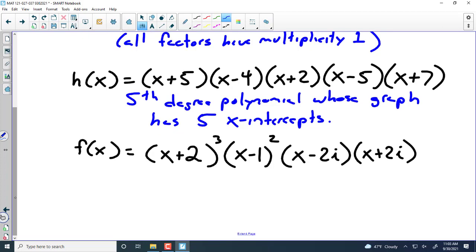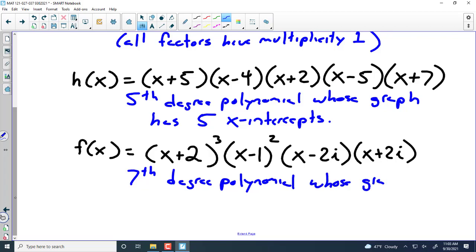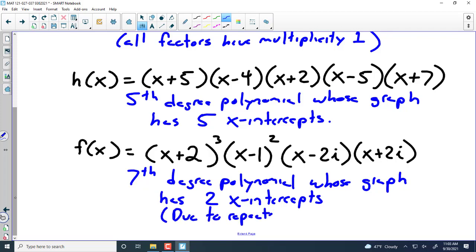This is a 7th degree polynomial whose graph has 2 x-intercepts due to repeated factors and imaginary zeros. Even though this one is a 7th degree, it only has 2 x-intercepts, -2 and 1. Why? Because these 2 factors are imaginary, no x-intercepts, and these 2 repeat, which eats up some of our x-intercepts.